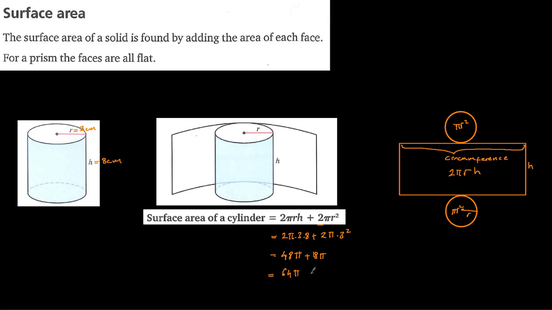The distances are given in centimeter, so centimeter square it's going to be. So we are going to find the surface area like this.